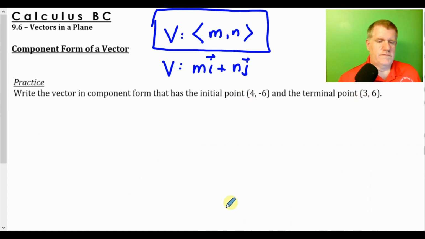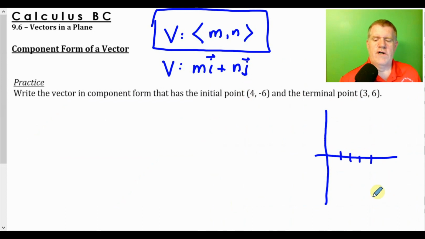All right. So how do we write the vector that starts at (4, -6) and goes to (3, 6)? Visually, I think it's pretty easy to see. So if we go to (4, -6), 1, 2, 3, 4, negative 6 would be down here. And then (3, 6), 1, 2, 3, 6 up here. If this is our initial point, and this is our ending point, that's our vector. So how do we write that in component form? Well, it's pretty straightforward.